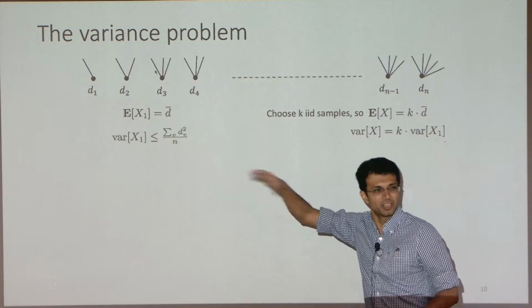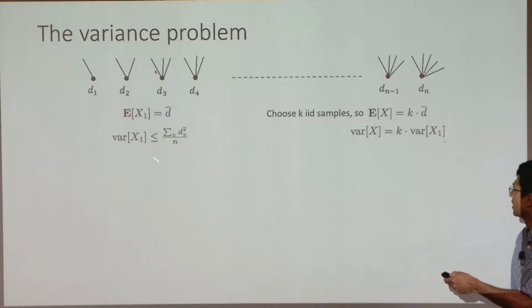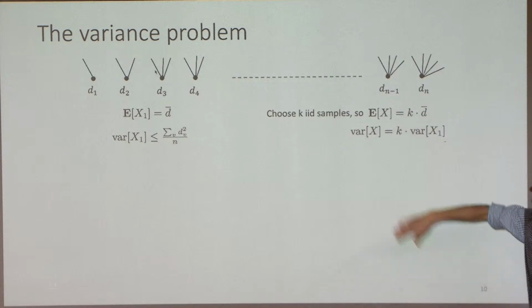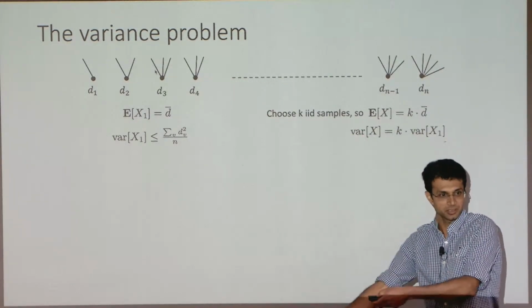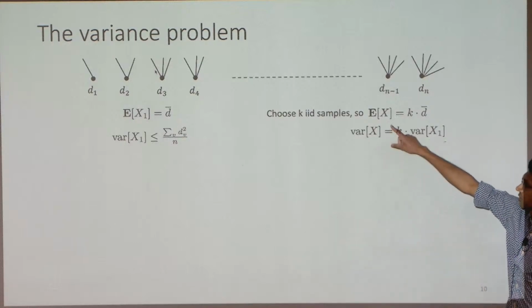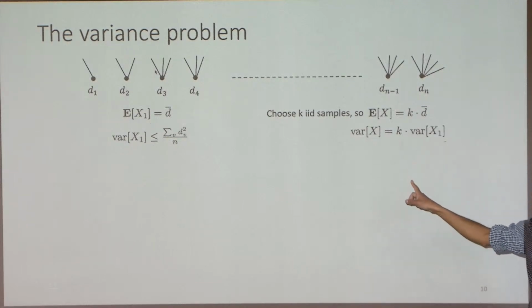Minus some other term, but I'm just ignoring that. So that's the variance of one sample. What is the variance of k samples? Well, we know that the variance of a sum of independent random variables is the sum of variances. So using that, the variance of X is k times the variance of one sample, right?